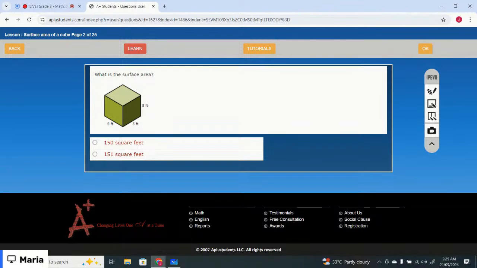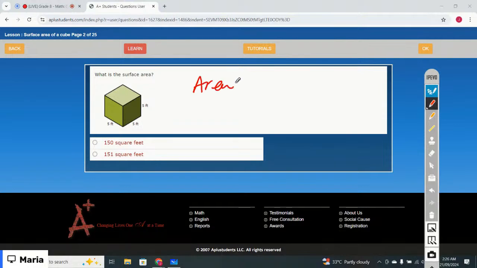Okay, what is the surface area? So which is the correct option? The correct option is, you need to find the area of one face, and because the cube has six faces, you need to multiply the area of one face by 6.